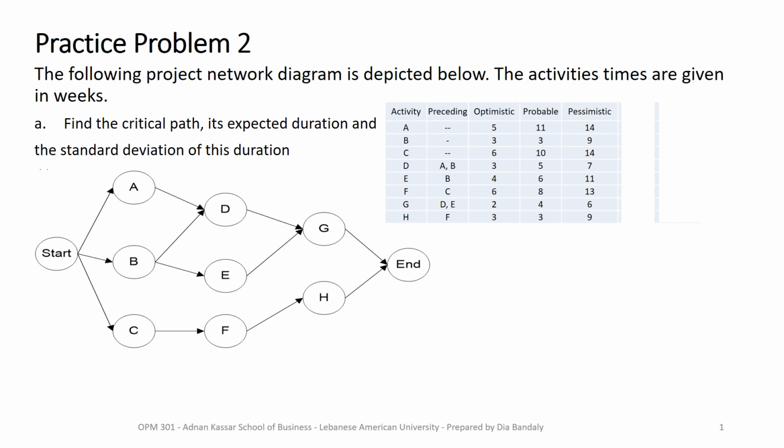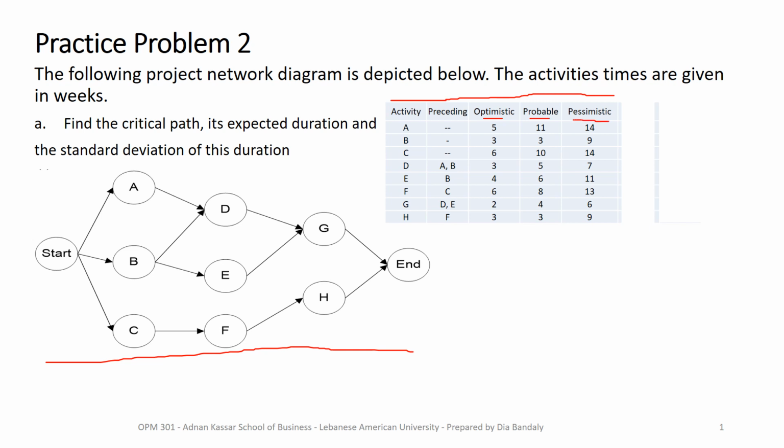Probabilistic means that they can vary. And we are given here a table showing the activities that make the project, and the PND is also given to us, so it's making our life easier in this problem. For every activity you can see that we're given the optimistic, the probable time, and the pessimistic.